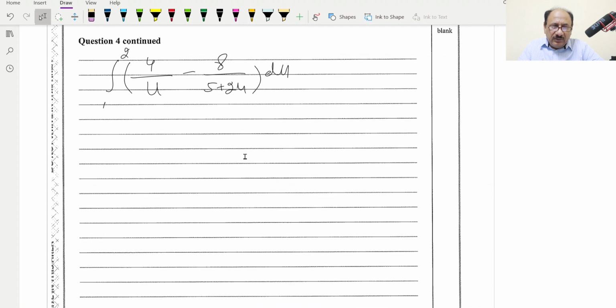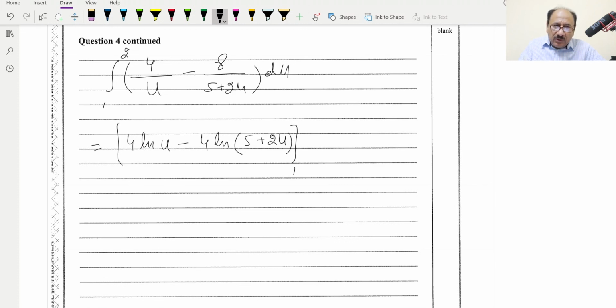Now we can integrate this, and the integral of 1 over u will be log u. So we write 4 log u, and minus, the integral of this one will be 4 log of 5 plus 2u, and why 4? Because it will be divided by 2, so 2 will be cancelled with 8 and we'll get 4.